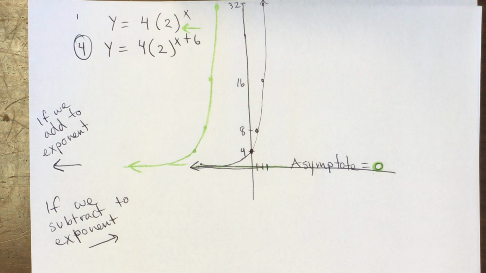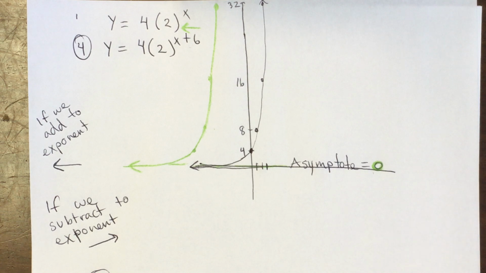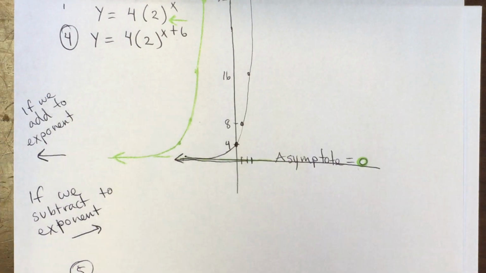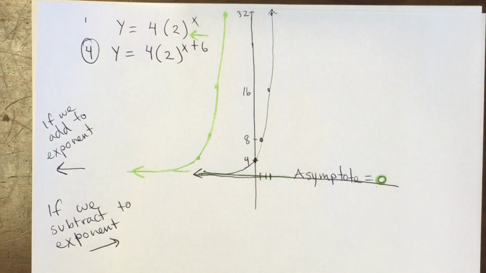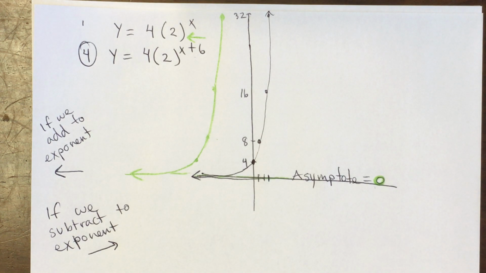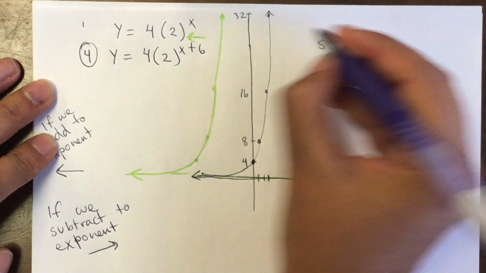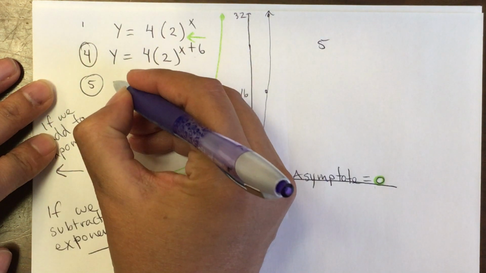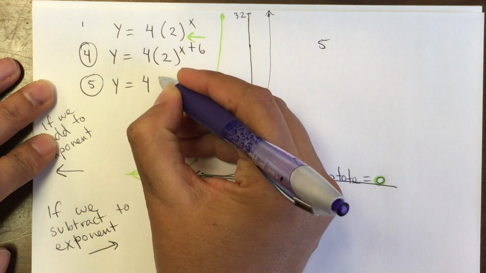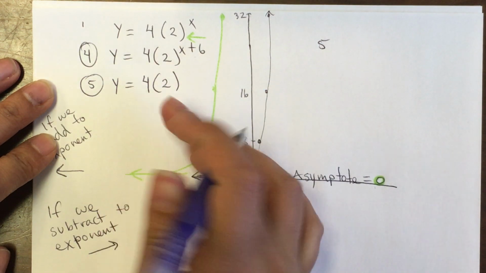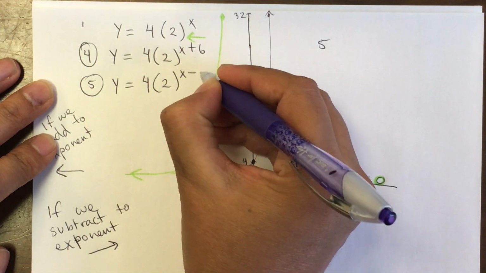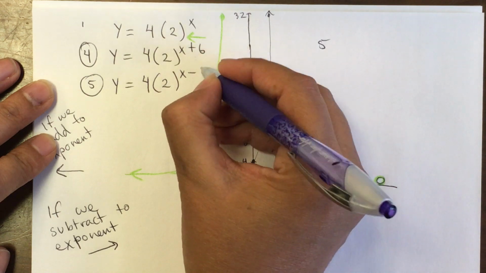What if I subtract 6? Let's do another one. I'm gonna do it in this same graph, but with a different color. So for number 5, I'm gonna write it in here. 4 times 2 to the x minus, should we do minus 6 or minus 5?